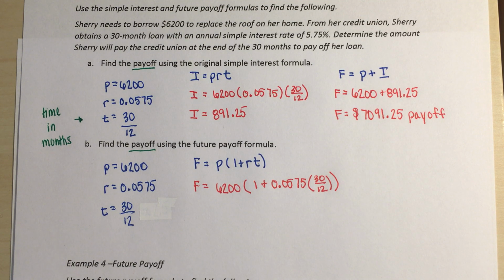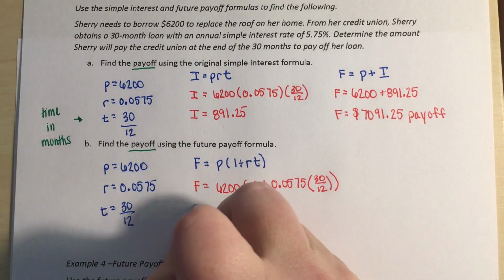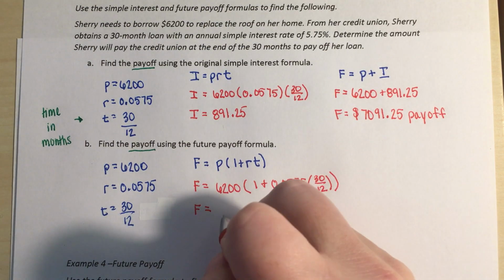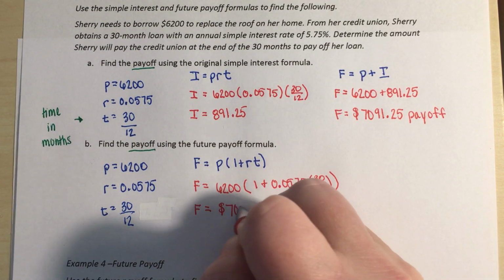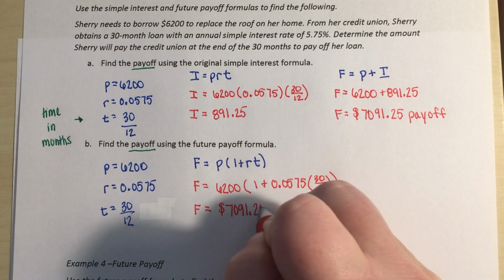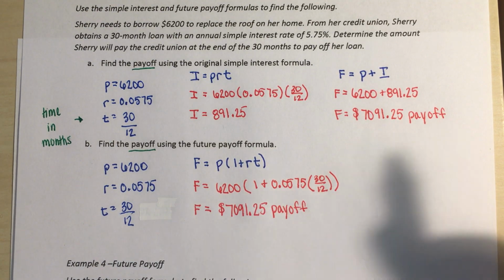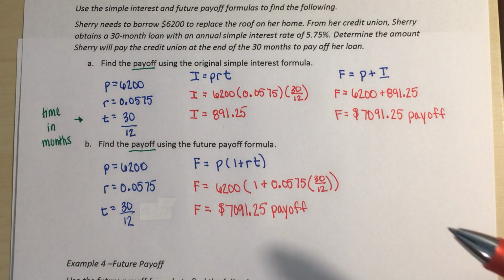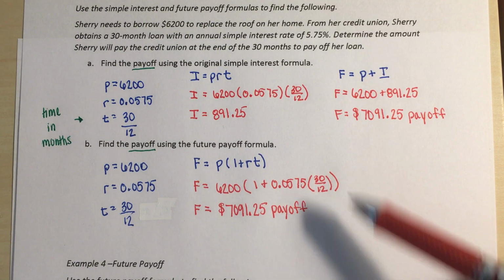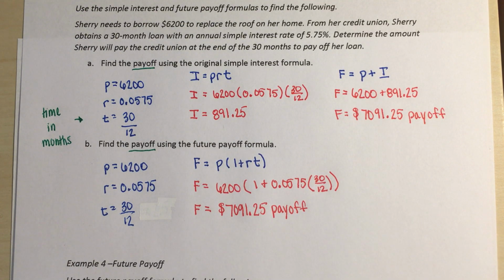Parentheses are your friend when you're plugging things in. And this is going to give us a future payoff of $7,091.25, which is exactly what we got in part A, just a little bit fewer steps in here. It's a more complicated thing to plug into our calculator, but fewer actual steps to go through.